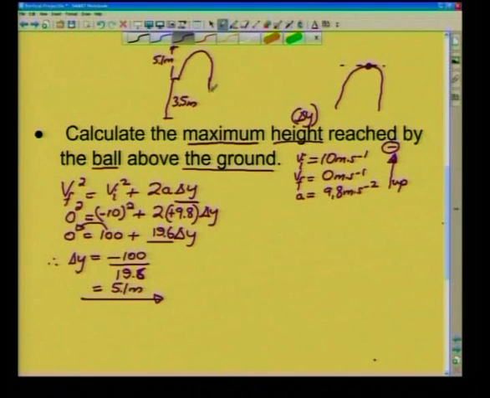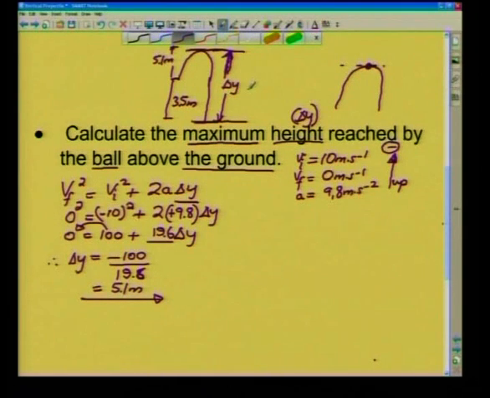Now, this is the ground. That's the maximum height reached. The question wants us to find out what this maximum height is, this maximum height here. That is what the question wants us to do.